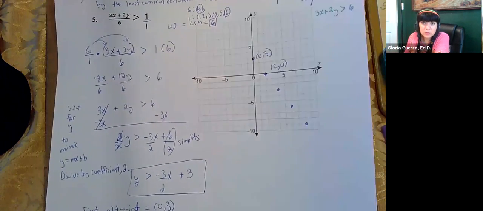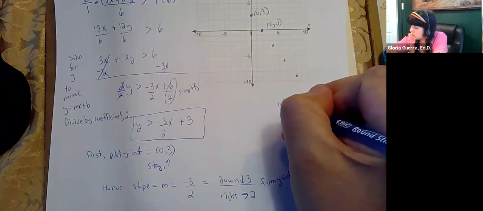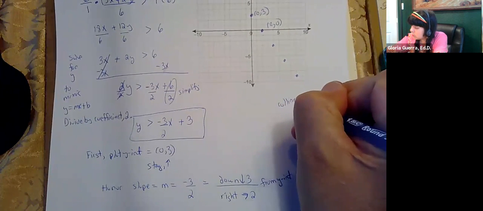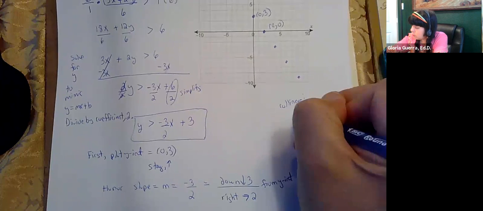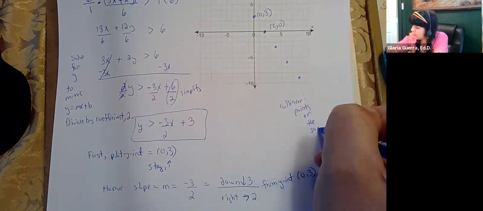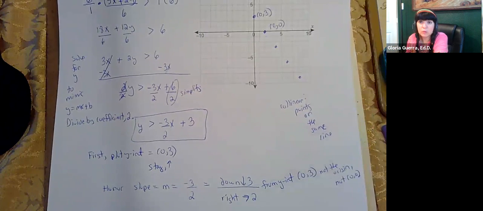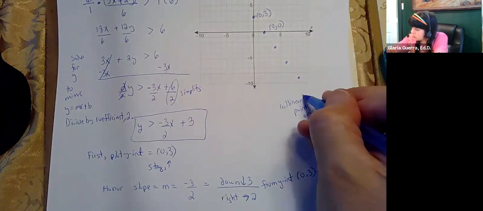And that looks good because see, it's collinear. Collinear means that they're points on the same line. Okay, that's a good thing.